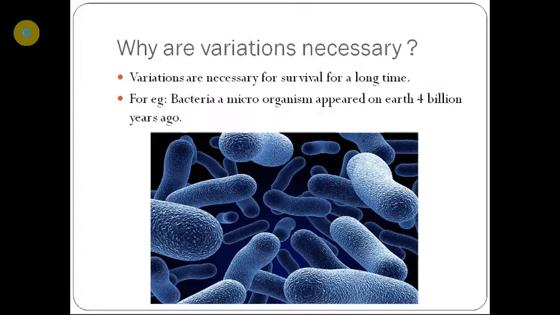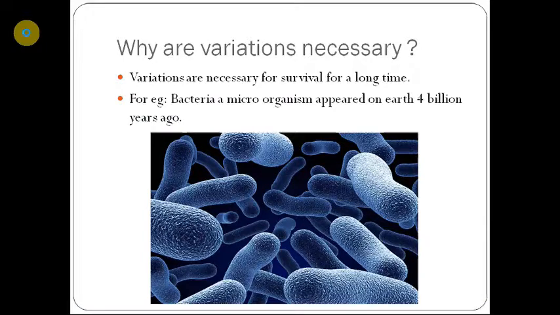Why are variations necessary? They are necessary for survival for a very long time. For example, bacteria have been living on Earth for 4 billion years. They have done so by bringing out variations. Imagine the Earth is struck by an asteroid, and due to the disaster there is a rise in temperature.